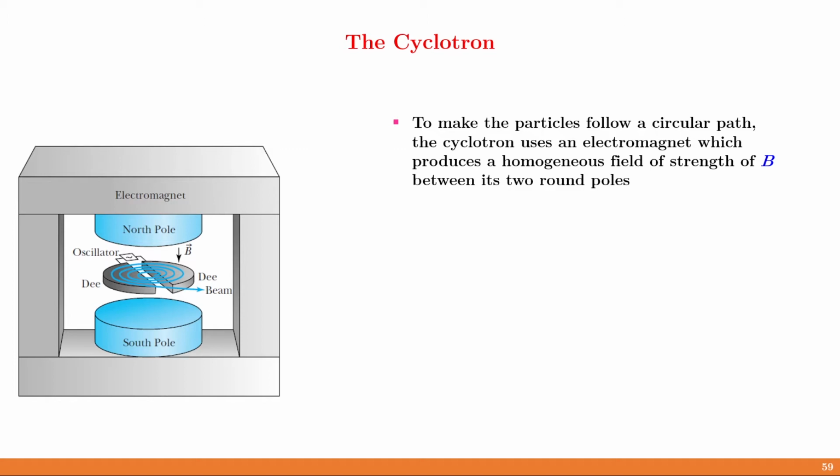To make the particles follow a circular path, the cyclotron uses an electromagnet which produces a homogeneous field of strength B between its two round poles.